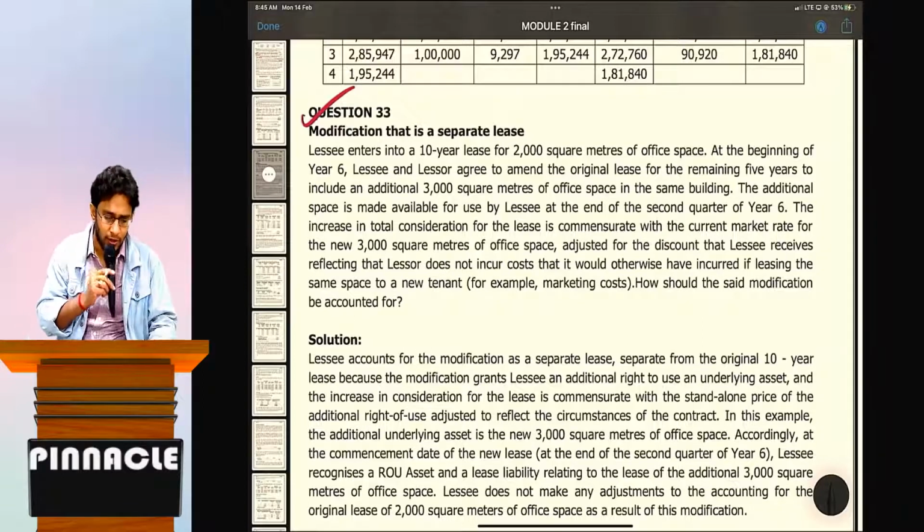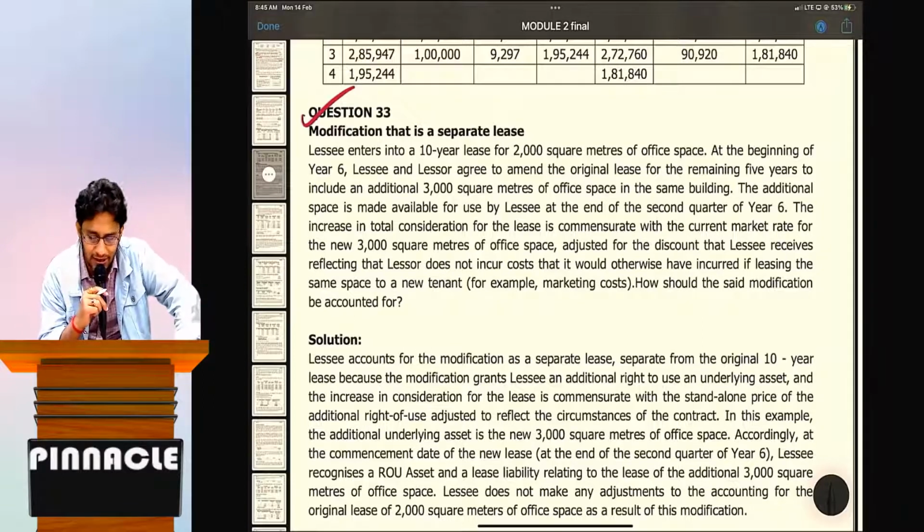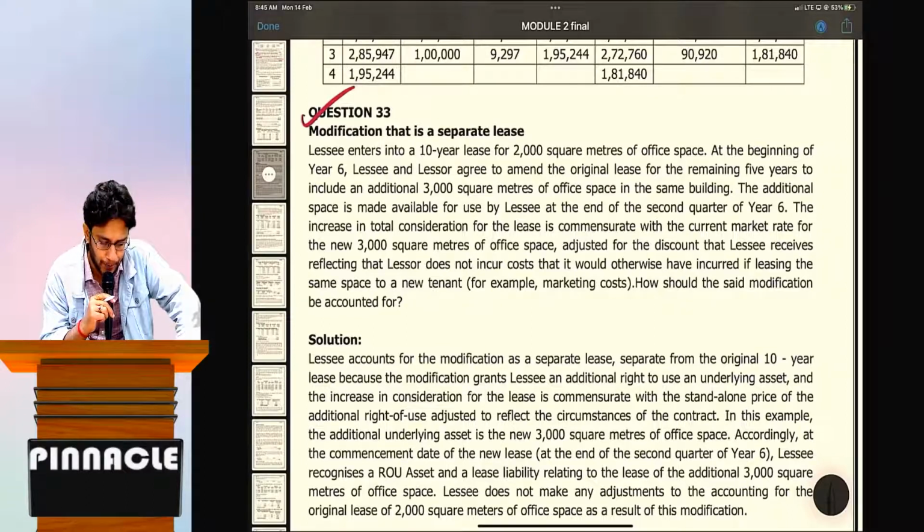So the original space you took is 2000, now you are taking an extra 3000. And the increase in the total consideration for the lease is commensurate with the current market rate for the new 3000 square meters of office space, adjusted for the discount that lessee receives, reflecting that the lessor did not incur costs that it would have otherwise incurred if leasing the same space to a new tenant.